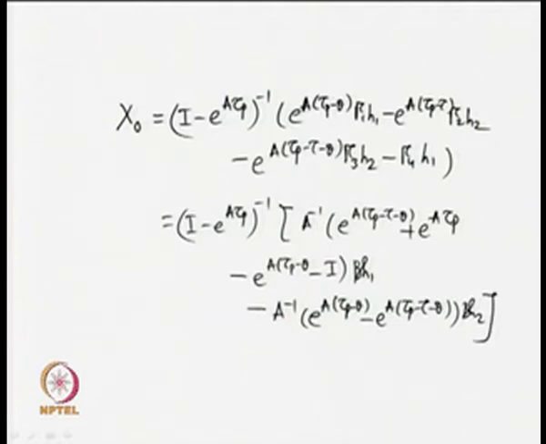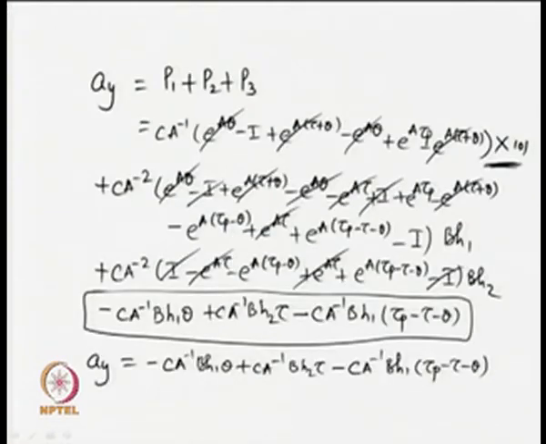So, when this x 0 is substituted here, then the first few terms apart from the last 3 terms cancel out and we are left with only 3 terms.